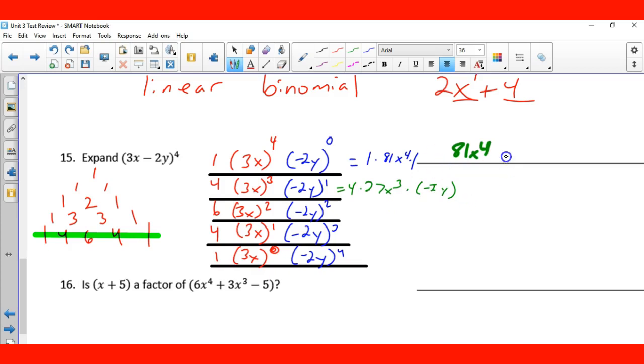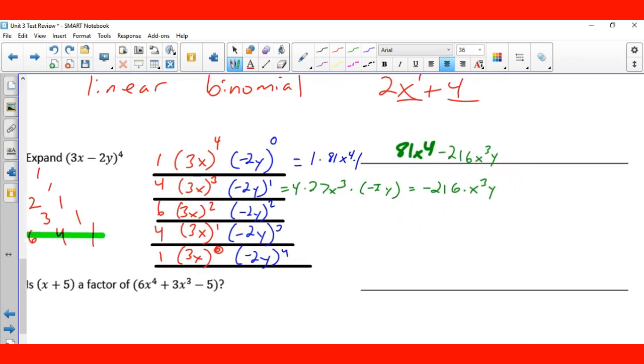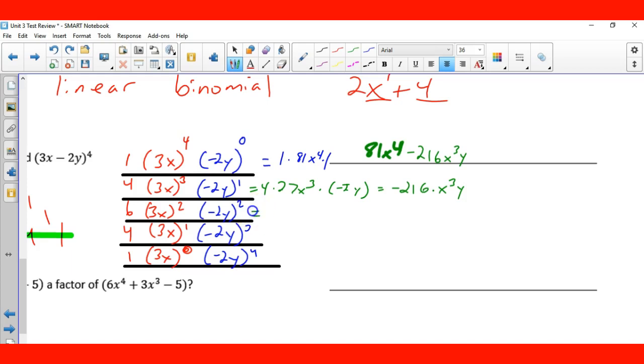That's going to be negative 216x cubed y. Then we have 6 times 9x squared times 4y squared. 6 times 9 times 4 is going to be 216x squared y squared.